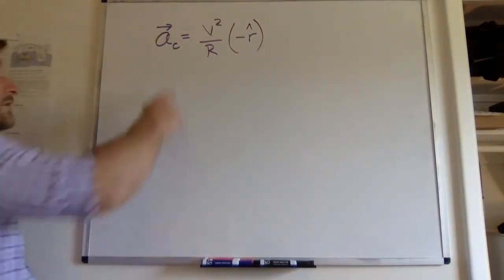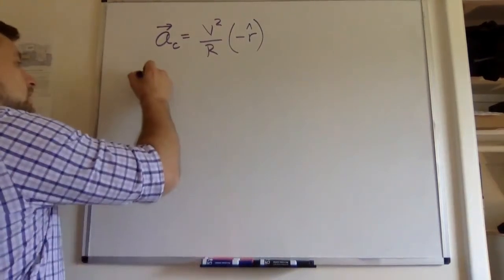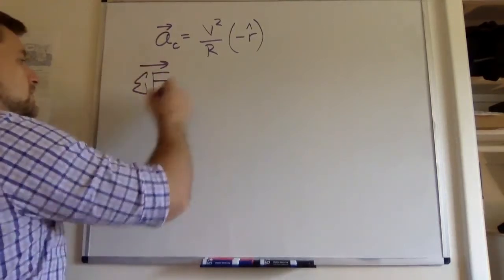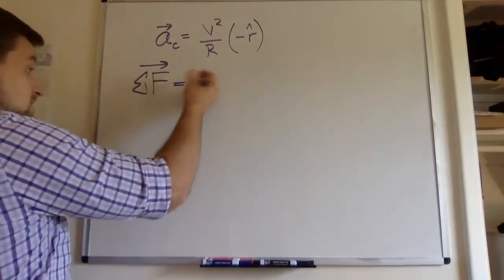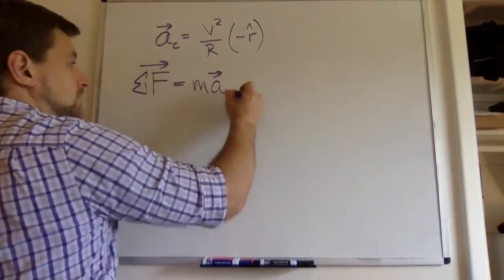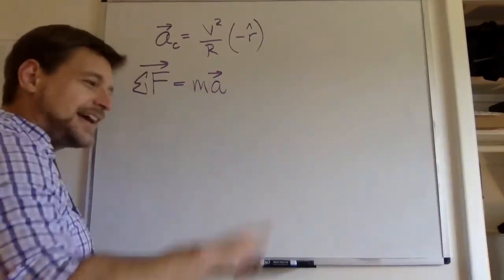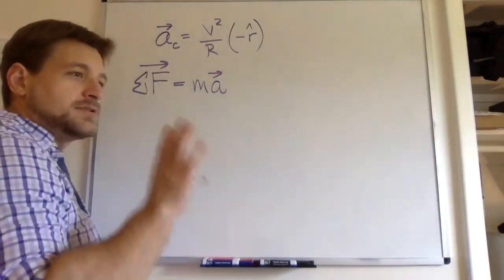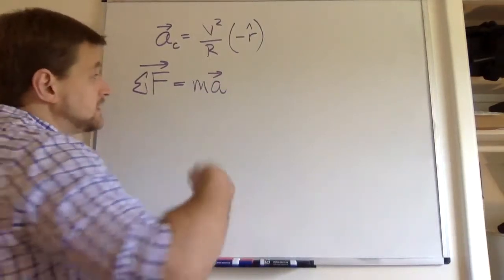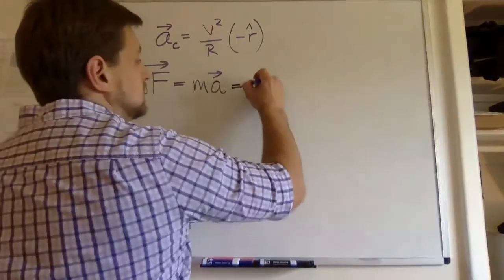In order for that acceleration to exist, according to Newton's second law, the sum of the acting forces is equal to the mass times the acceleration. And if this is an object moving in uniform circular motion at constant speed, then the acceleration is entirely the centripetal acceleration.